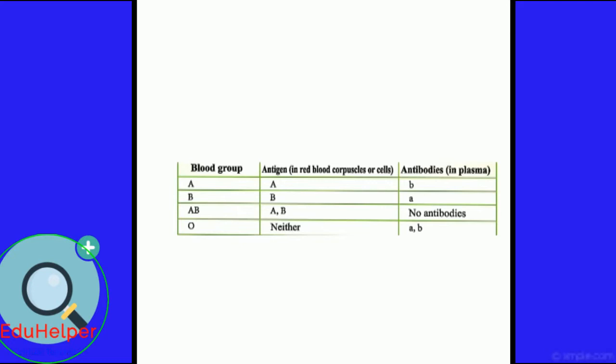Antigens are molecules. They can be either protein or sugars. The types and features of antigen can vary between individuals due to a small genetic difference.